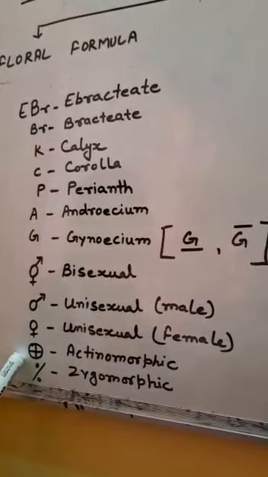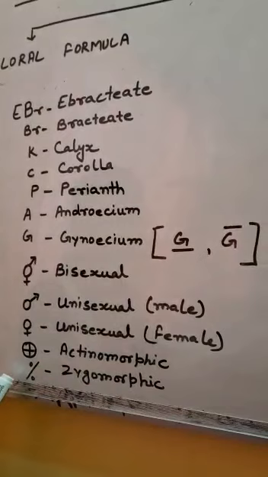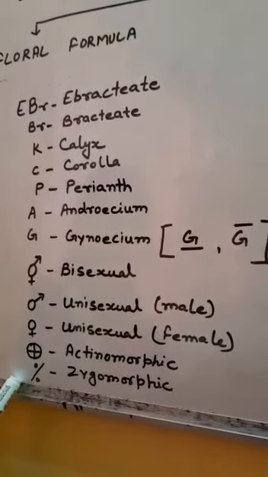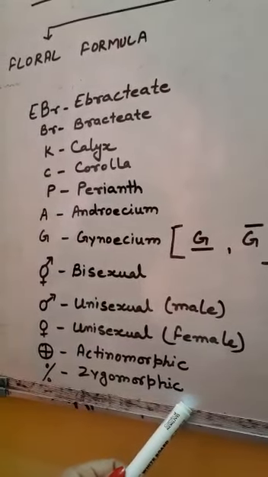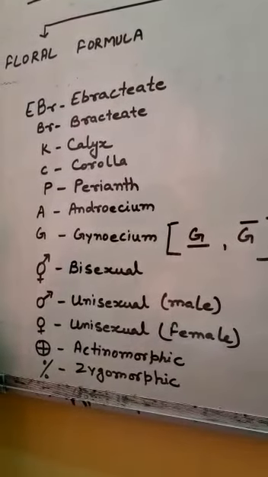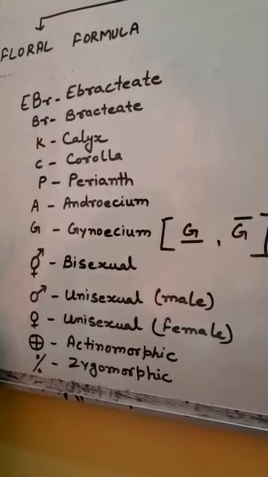A circle with a plus sign inside denotes an actinomorphic flower, and a percentage-like sign, a slash with 2 circles, denotes a zygomorphic flower.